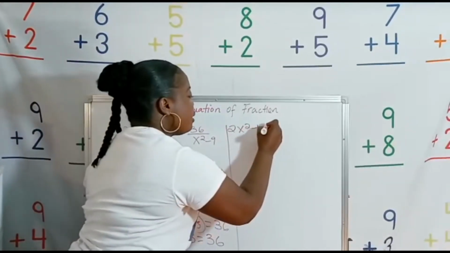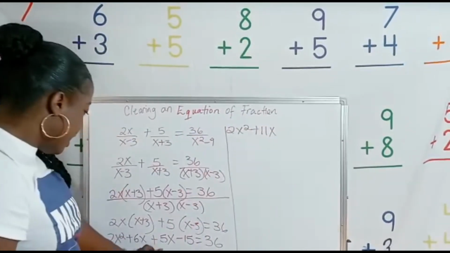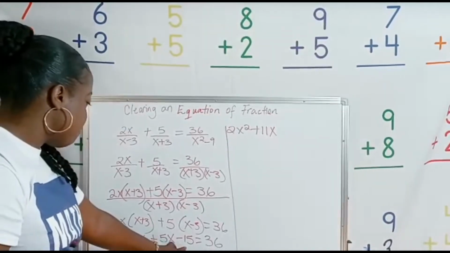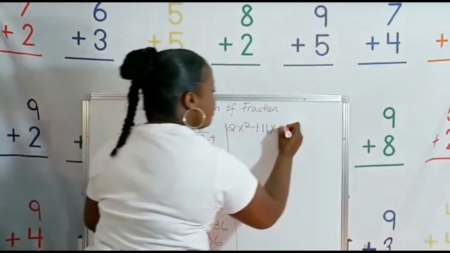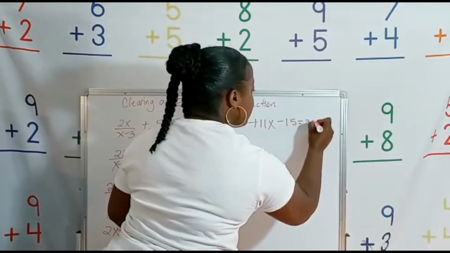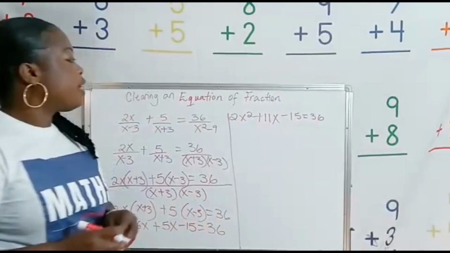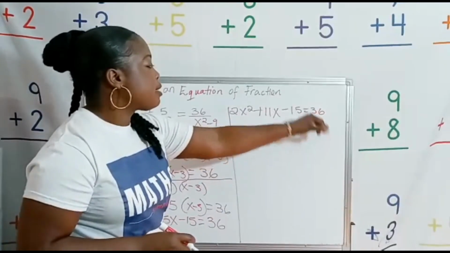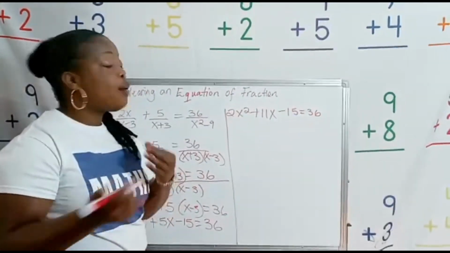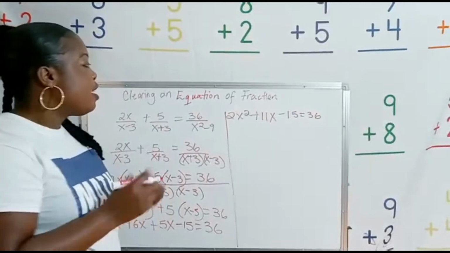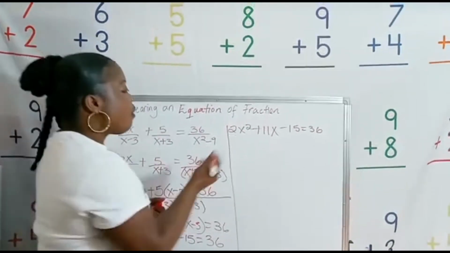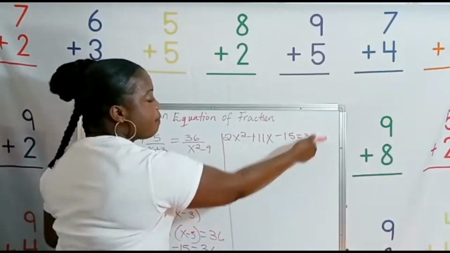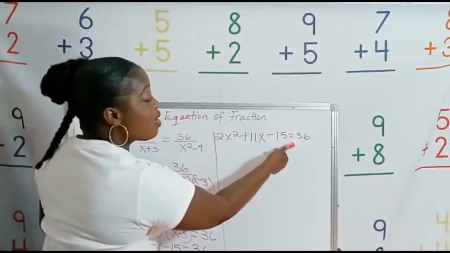So plus 11x, and then I have a minus 15 equals 36. Now if you see what's going on here, I'm going to pull the 36 to the opposite side of the equal sign. I will end up with a quadratic equation, then I will solve. I'm going to move it over as a positive 36.